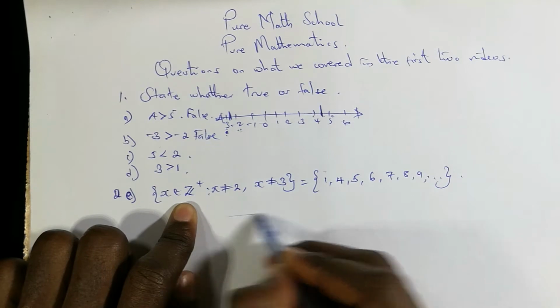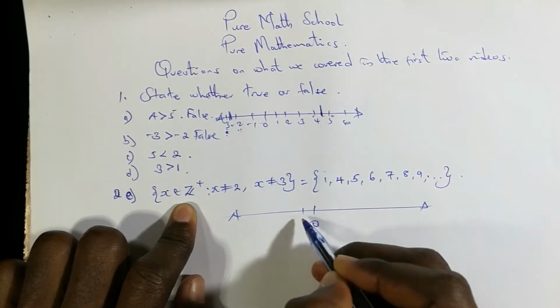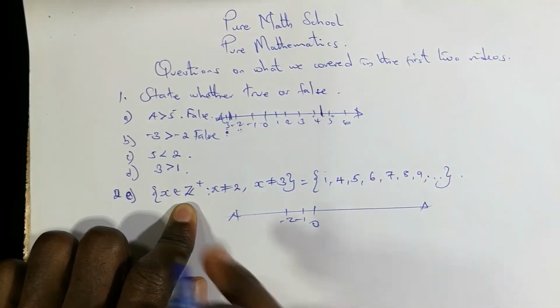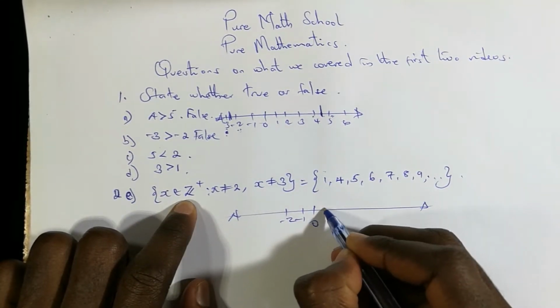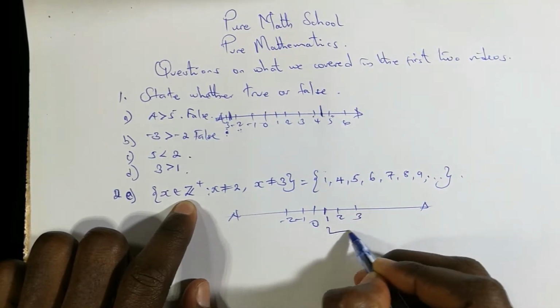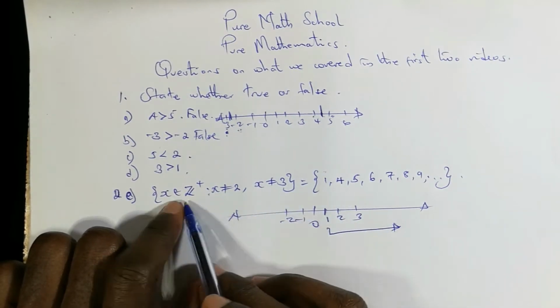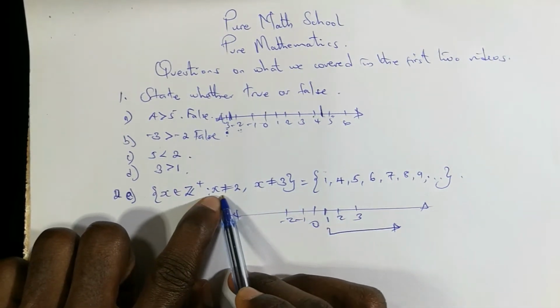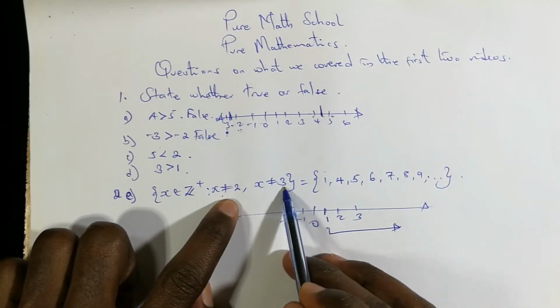We have 0 here. Positive integers are natural numbers or counting numbers, and that's from 1 onwards, 2, 3. So positive integers start from here up to the other side. But the rule they put, we should not include 2 and 3, x not equal to 2 and x not equal to 3.